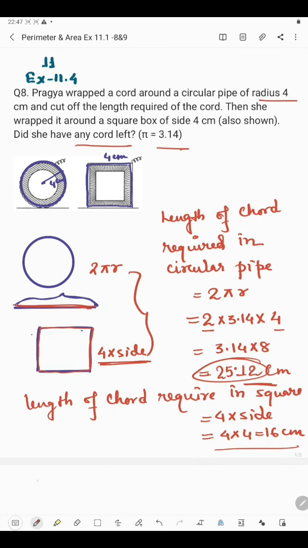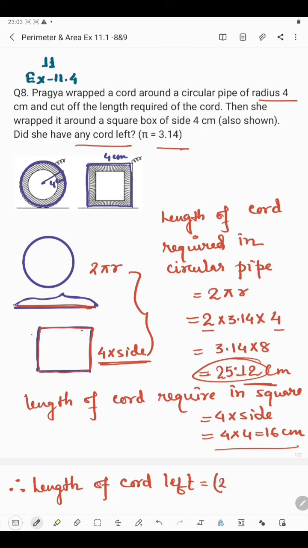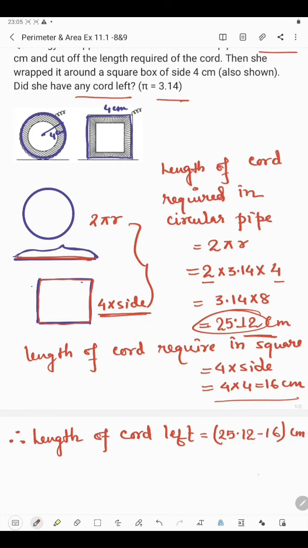So we will write, therefore, length of cord left will be 25.12 minus 16 centimeter. So 25.12 minus 16 can be written as 25.12 minus 16.00.